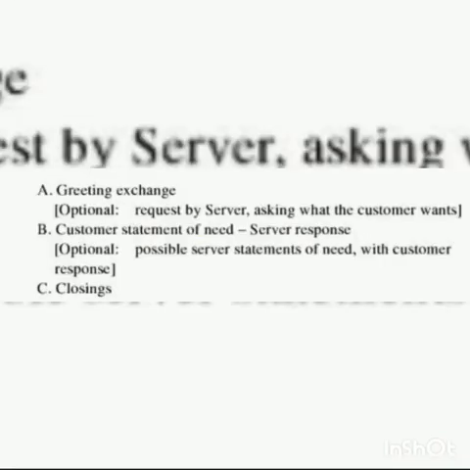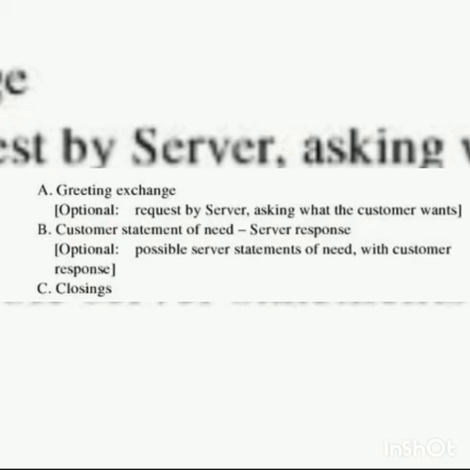In their most basic form, most service encounters include the following elements, or we can say the layout of service encounters is like that. The first one, greeting exchange. The second one, customer statement of need, server response. And the third part is closing.